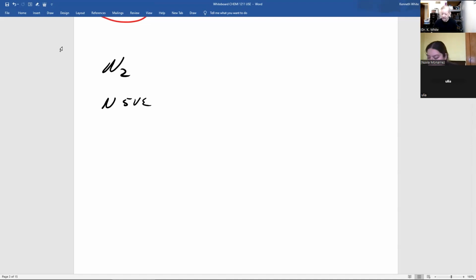Now, one way of doing it, and this part you do not have to write down, but it makes it easier to visualize what's going on. Here's the Lewis structure for each nitrogen. Each nitrogen has 3 unpaired valence electrons, the single dots.